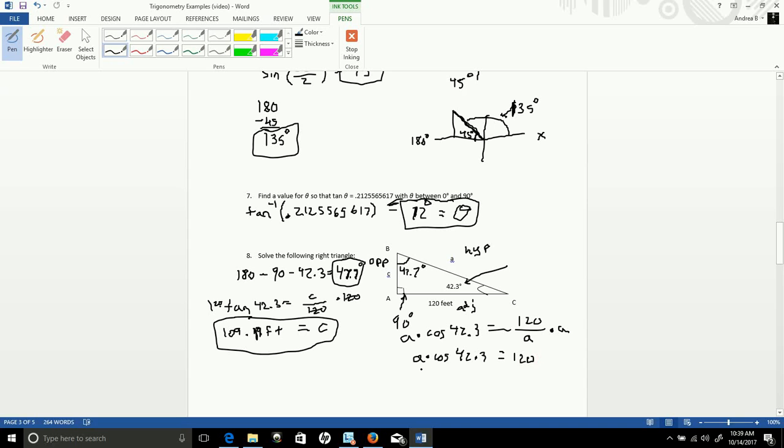And then we'd want to divide both sides here by that cosine. So we're dividing by cosine of 42.3 on both sides of our equation. So just like normal, if you divide on one side, you have to divide on the other side as well.